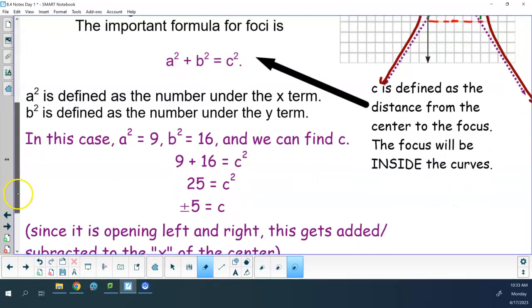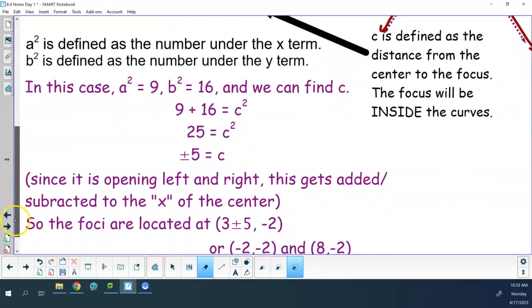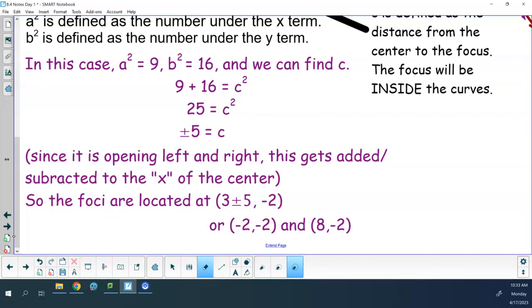So the distance from the center to the foci, because it's a left and a right opening, gets added and subtracted to the x part of the center. So the foci are located at 3 plus or minus 5, comma negative 2. Well, 3 plus 5 is 8. 3 minus 5 is negative 2.